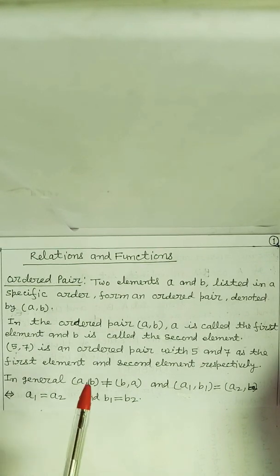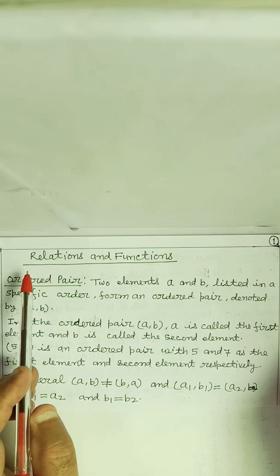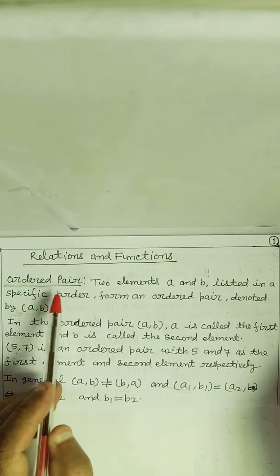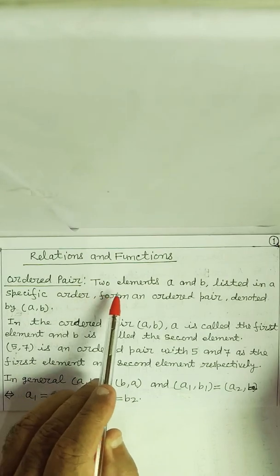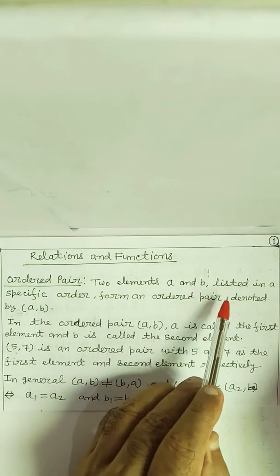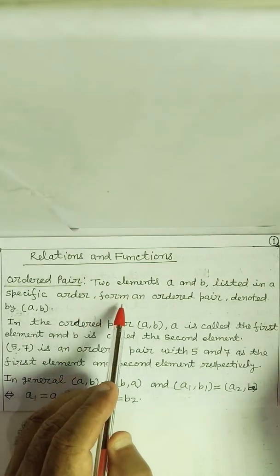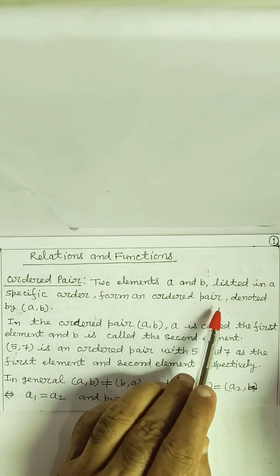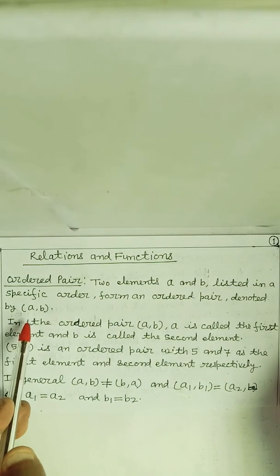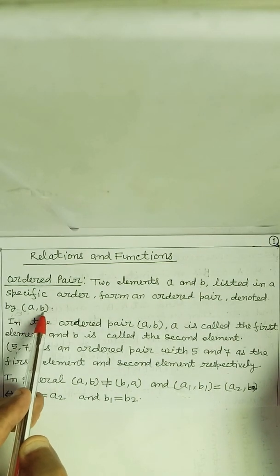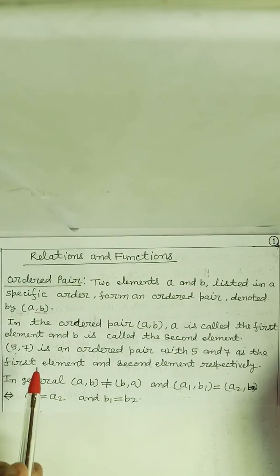So, first we start relations, and in relations, first we define ordered pair. Two elements A and B listed in a specific order form an ordered pair denoted by (A, B) in small brackets.